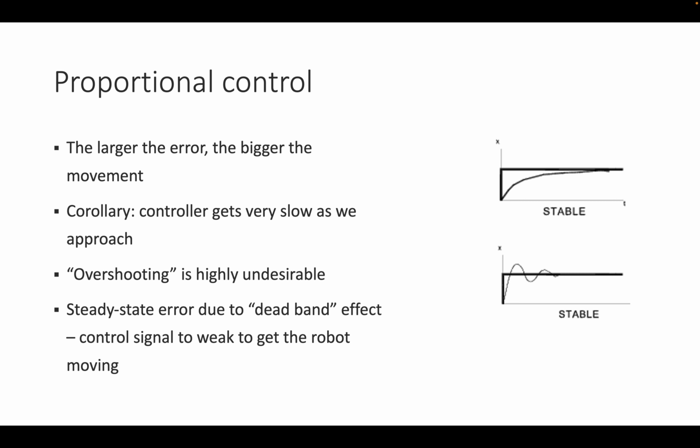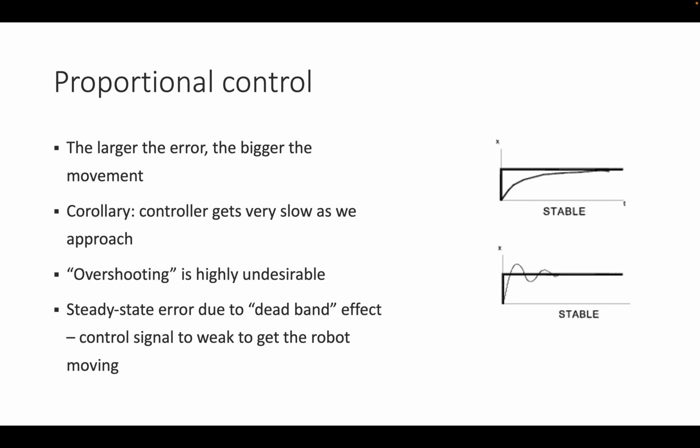Now what can you do? You can crank up the gain, but you will very quickly get into some kind of overshooting behavior, which is highly undesirable. And you will get a steady state error due to the deadband effect, which is that the robot will simply not move if the speeds that you set are too small, especially if it already came to rest.